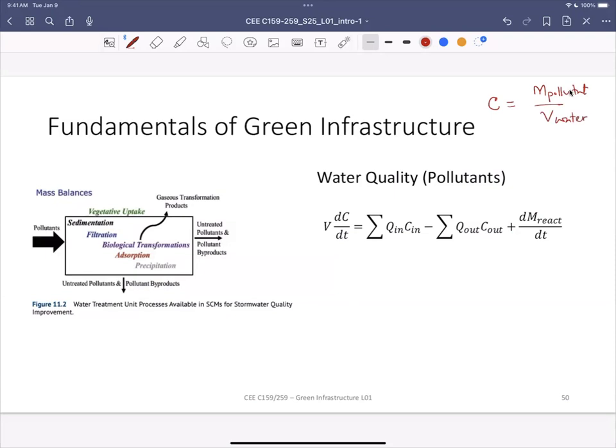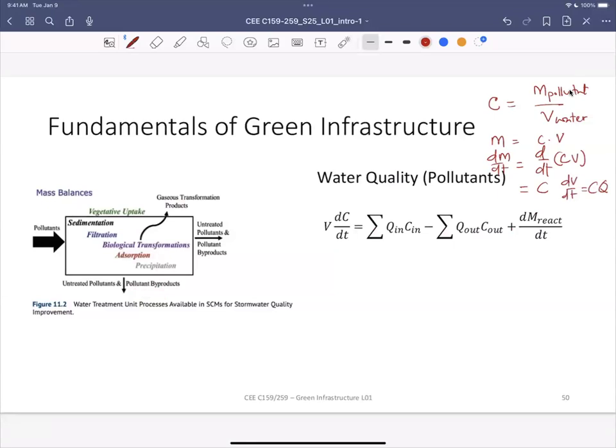So here we are looking for the mass of pollutants being captured, and mass is concentration times volume. When you look at dM/dt, that will be d/dt of C times V. When the concentration is constant throughout time, you can pull out the C, and then dV/dt is the flow rate, so C times Q.